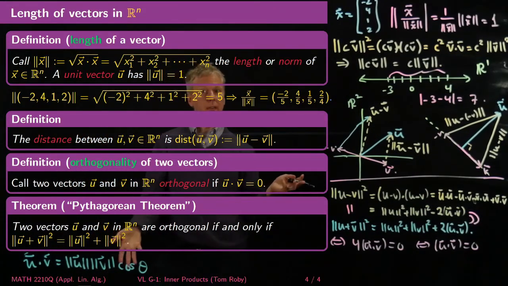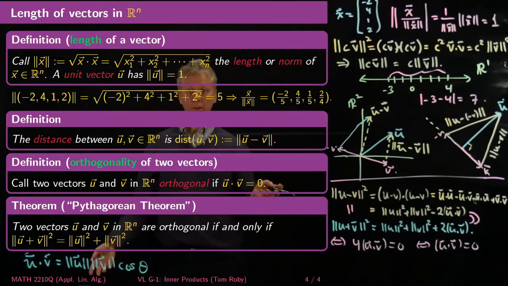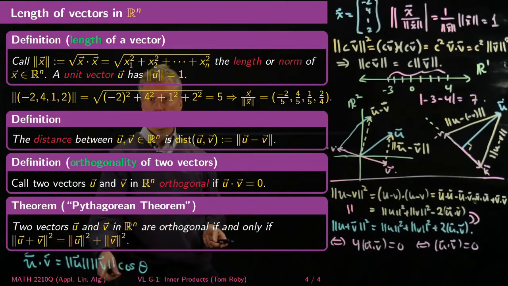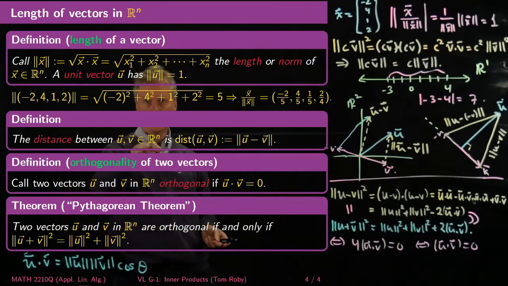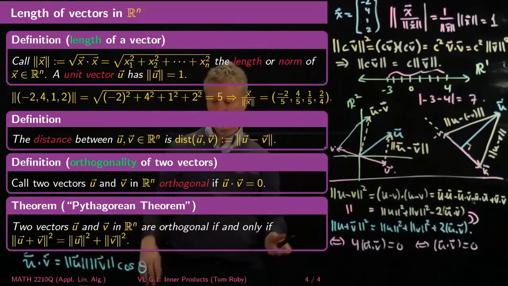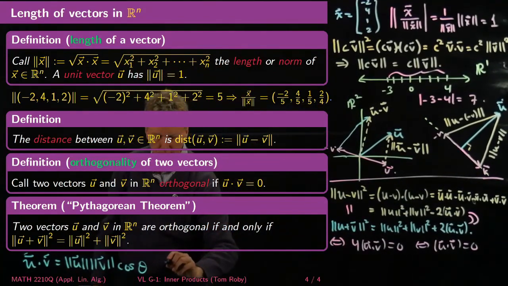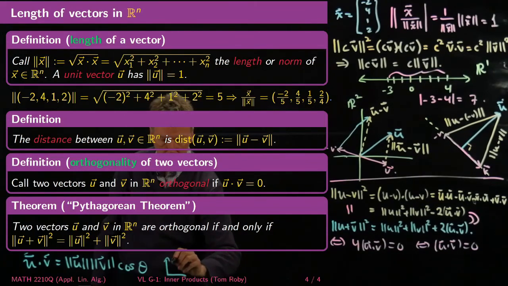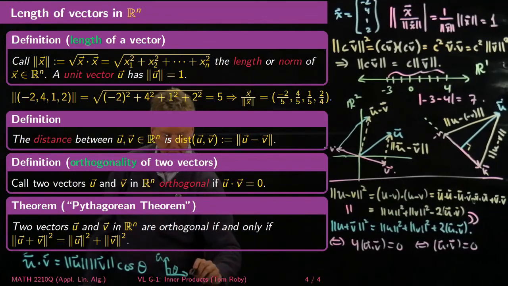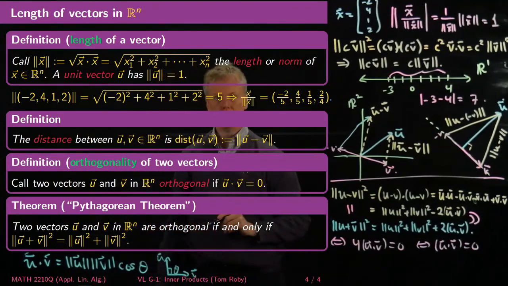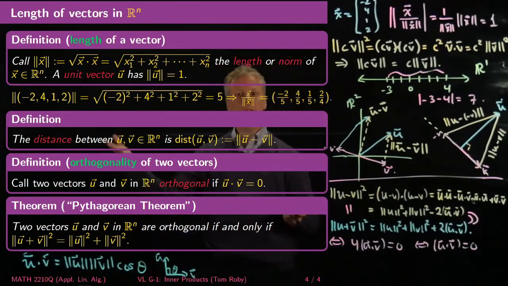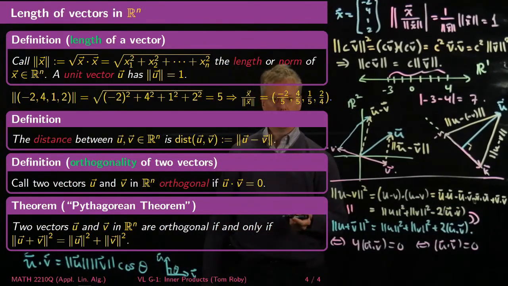Let's see if that definition makes sense here. In the case of orthogonality, you would want u dot v to be 0. In the case where they're orthogonal, the angle between them is 90 degrees. And if theta is 90 degrees, then the cosine of 90 degrees is 0. So that does tie up with what we know before.